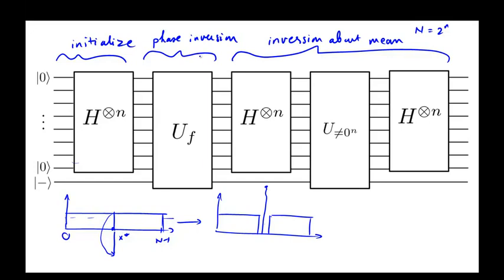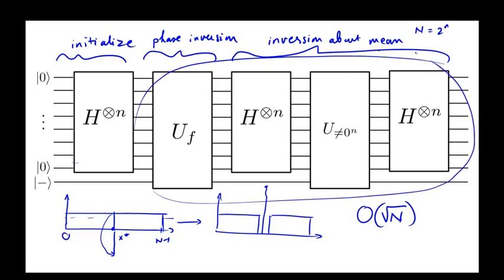So we initialize, we do a phase inversion, inversion about the mean. Then we do a phase inversion again, an inversion about the mean again, and so on and so on. So the circuit sort of gets extended out, and there are order square root of n such phases, right? So initialization followed by this part of the circuit, phase inversion plus inversion about the mean, gets repeated order square root n times.